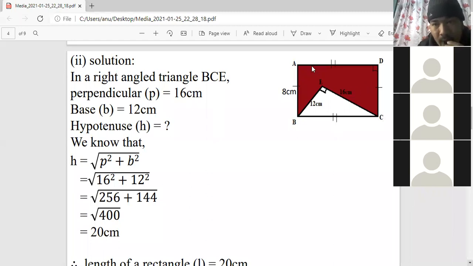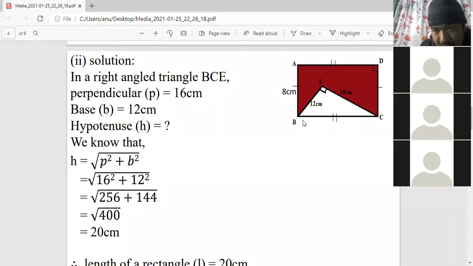Then, when we find the area of the rectangle, it will be 20 into 8, 160 centimeters square. That is A1. Then the not shaded part is the area of the triangle. Area of the triangle is 1 by 2 into base into height.